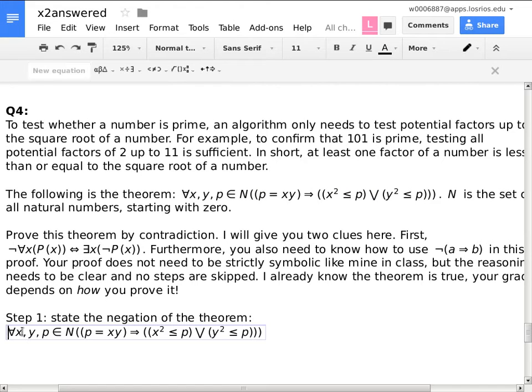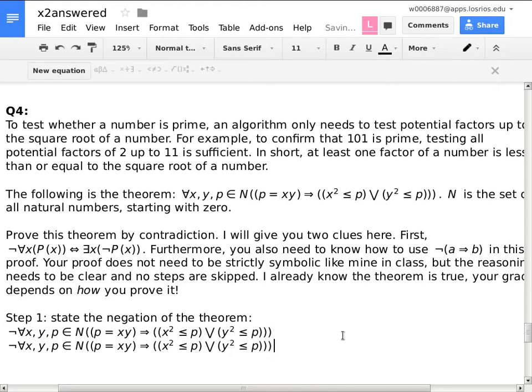So all I'm going to do here is to say, let's say that's not true. Is that okay? So then the next question is, if I negate this, what does it really mean? So I put the equal here.